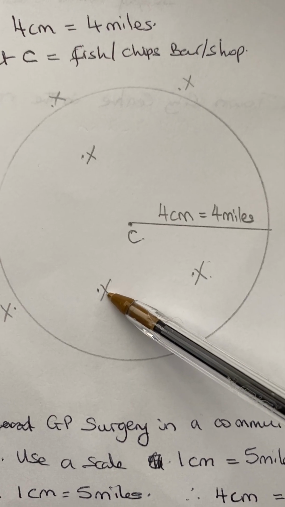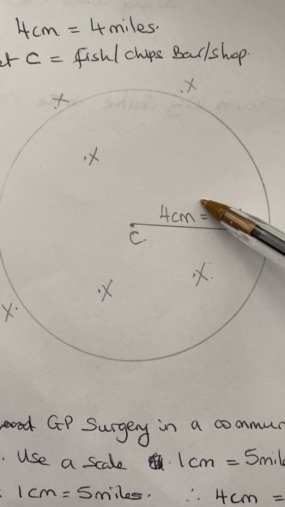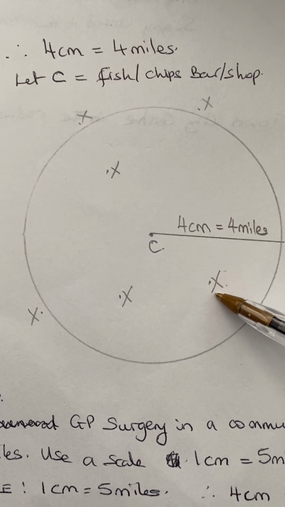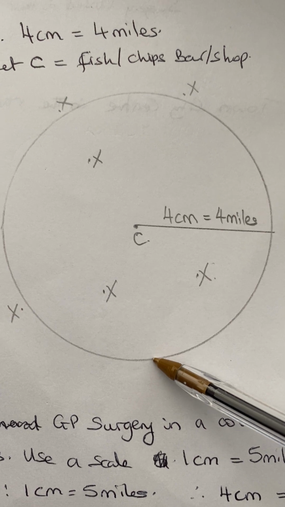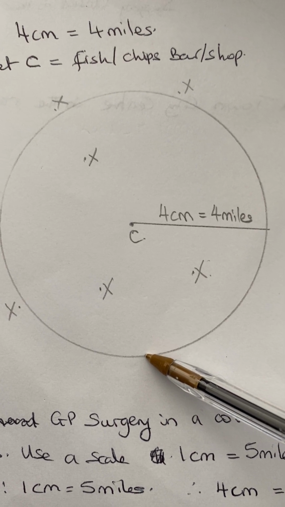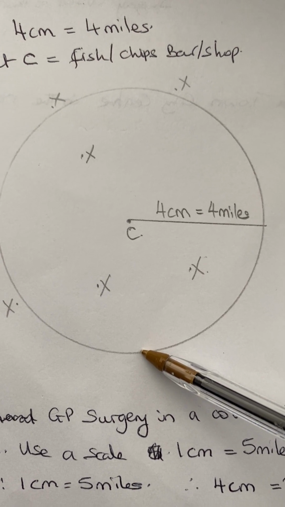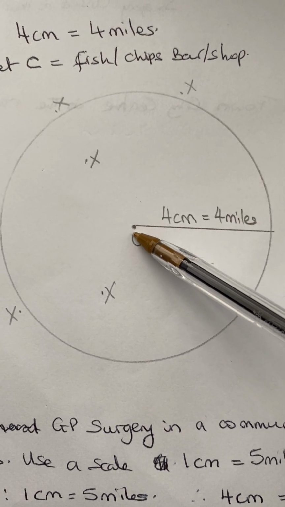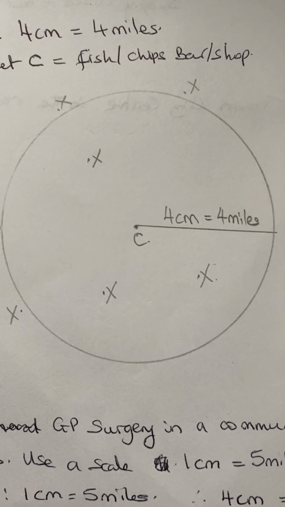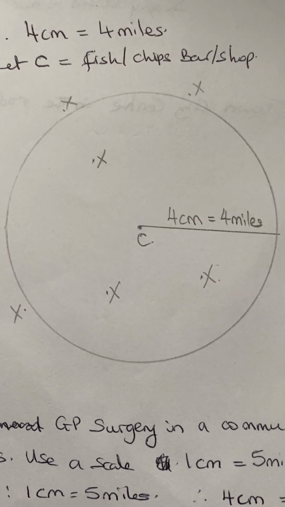If he lives here, he can have free delivery. If he lives there, he can have free delivery. Even if he lives on the circumference, 4 miles away from the shop, he can have delivery because they said up to.